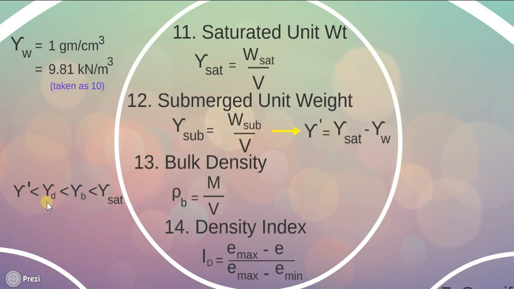Is always less than dry unit weight. Dry unit weight is always less than bulk unit weight. And bulk unit weight is always less than gamma saturated, that is saturated unit weight. So if we compare unit weights, saturated unit weight will be highest of all 4.